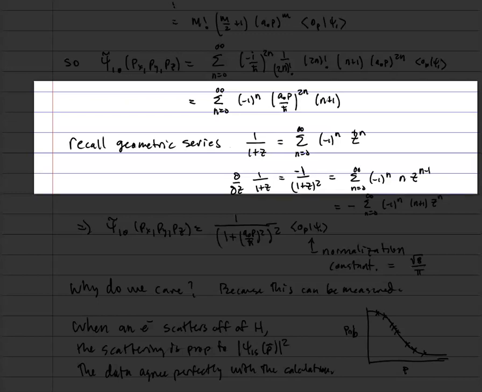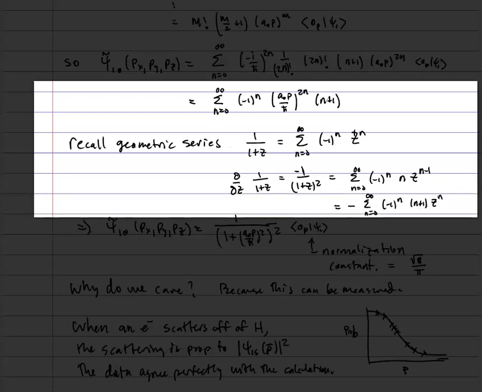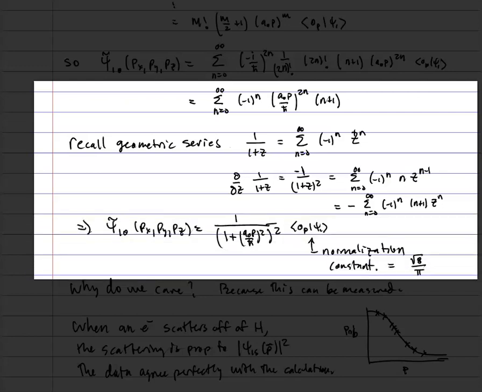And then I let n go to n plus 1, and I'm going to pull out a minus sign from the minus 1 to the n. The n will go to n plus 1, and the n minus 1 in the exponent goes to an n. I'll get z to the n. And lo and behold, that's the summation that we have. So that term is just equal to minus 1 over 1 plus z quantity squared. Or it's equal to plus 1 over 1 plus z quantity squared.